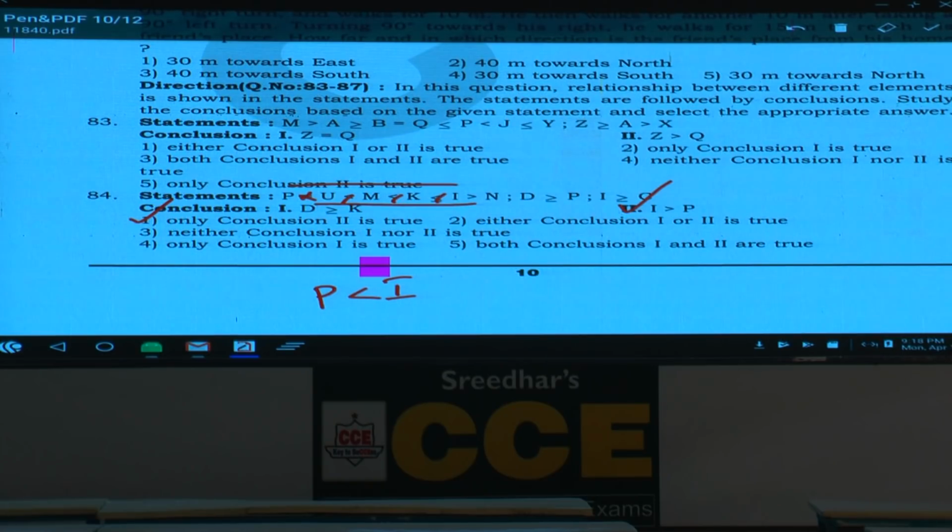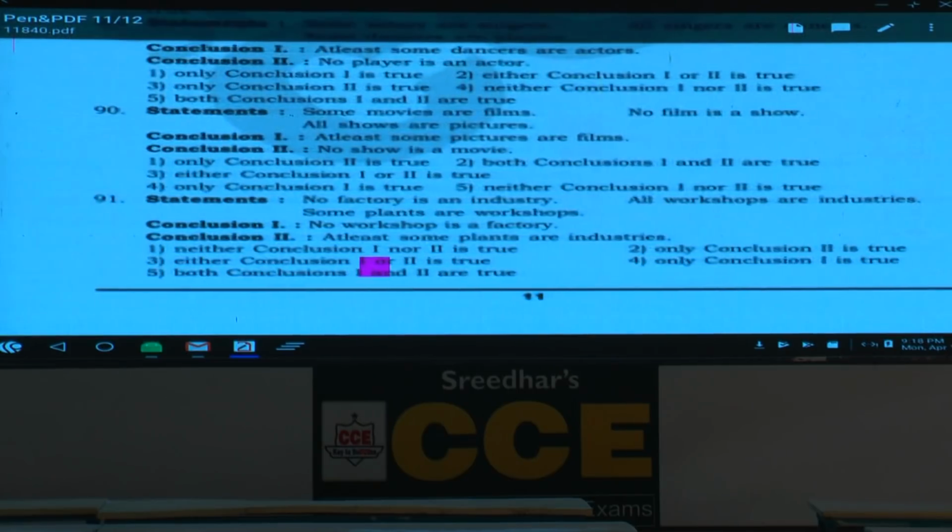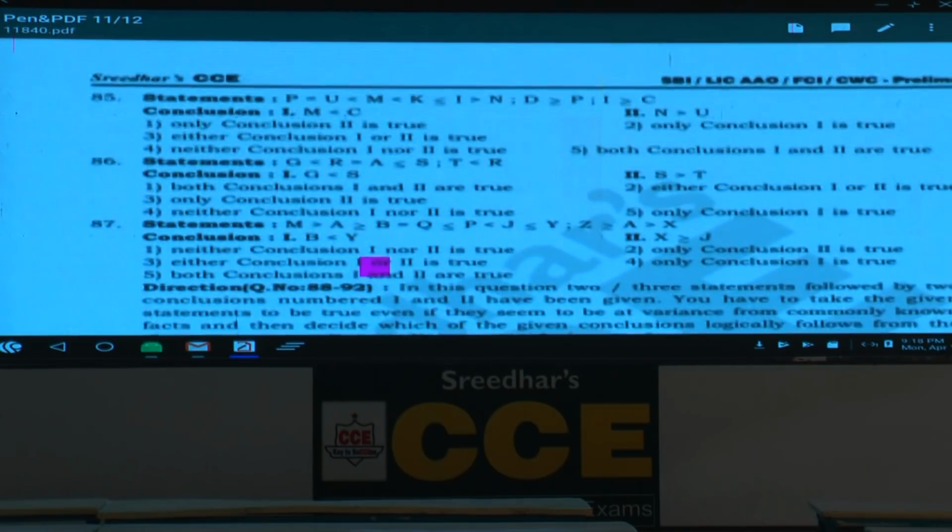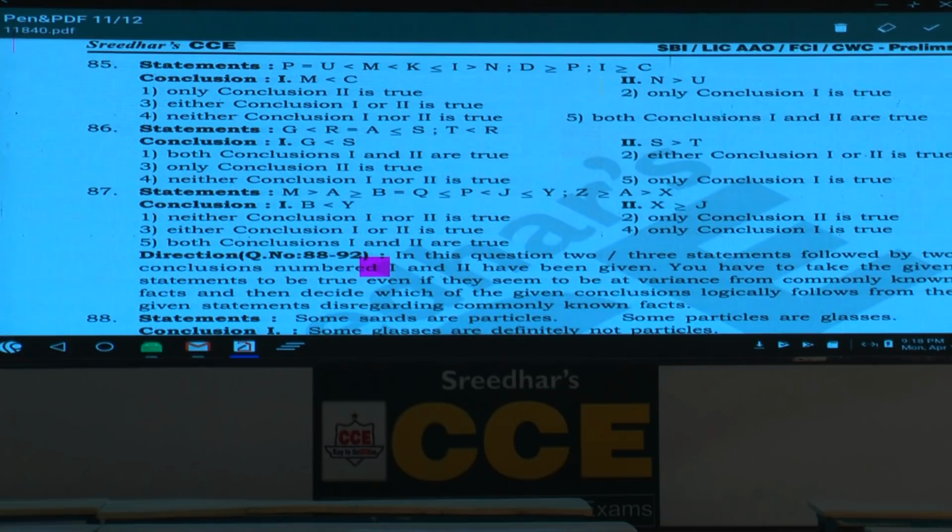Then question number 85. Now in this question number 85, the relation between M and C, M is here and C is here. Then M and C, which letter is common here? I is common. M less than I, M less than I greater than or equals to C. Now between M and C, one less than, one greater than.